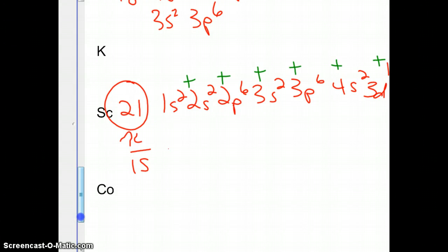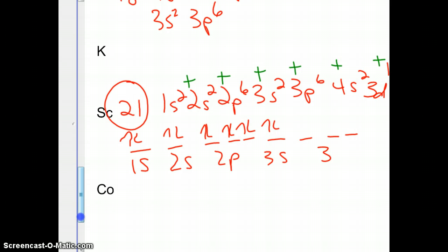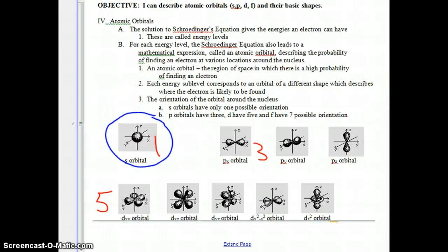Here's 1s2, 2s2, 2p up, up, up, down, down, down, 2p6, 3s2, 3p6, up, up, up, down, down, down. So then we have the 4s2, but now the question is, how many lines do I write for d?